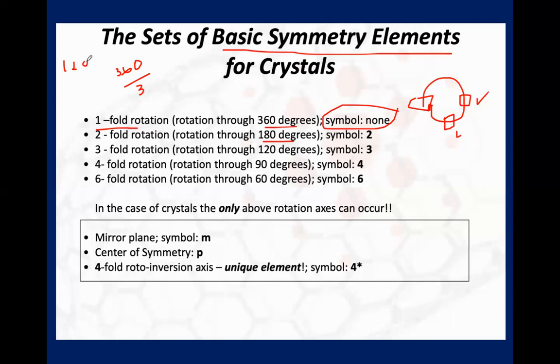If you see it at 60 degrees, then alternatively you can find which fold it belongs to by simply dividing 360 by the angle that you observe, 60, and then you will see it's six. 4, right? Like that, we can define these things.